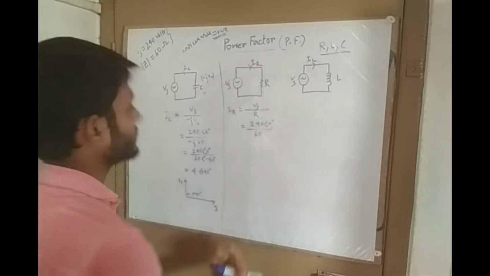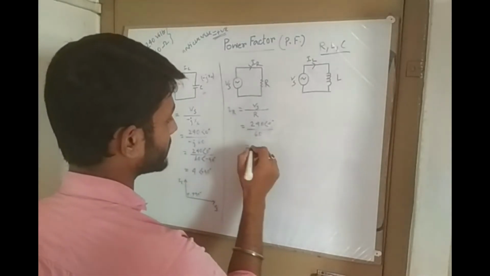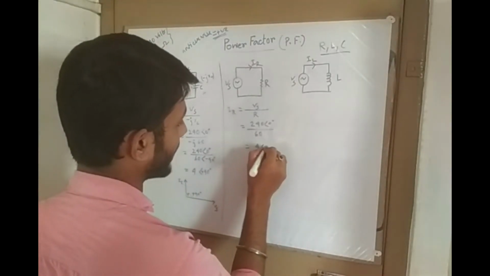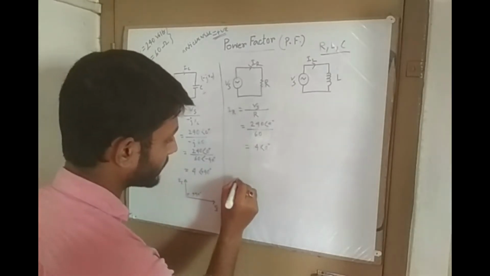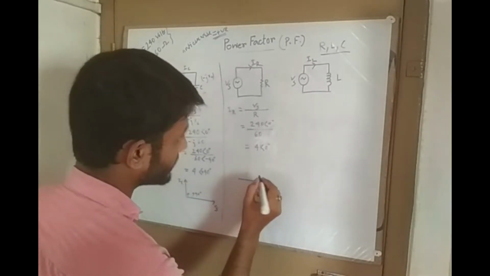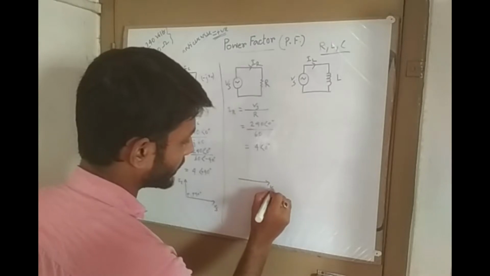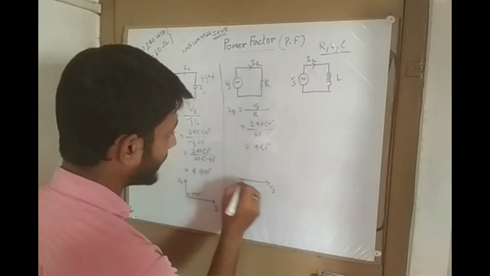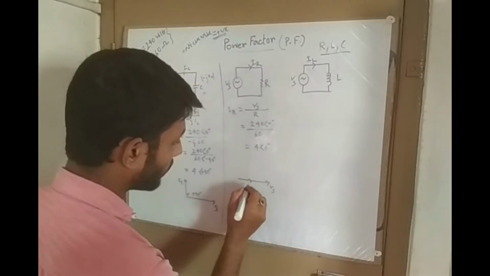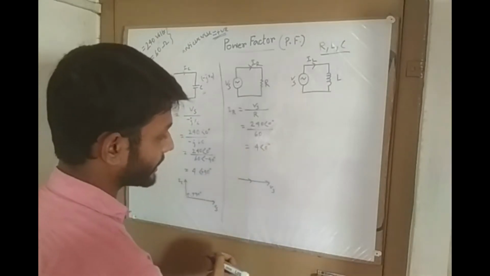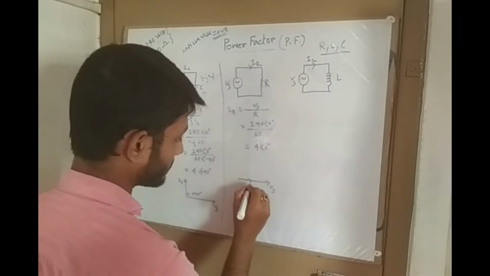R equal to Z, 60 ohm, so it is 4 angle 0 degree. That means if Vs is 240 angle 0 degree volts, then IR magnitude is 4 and the angle is the same, 0 degree, that is the reference line.